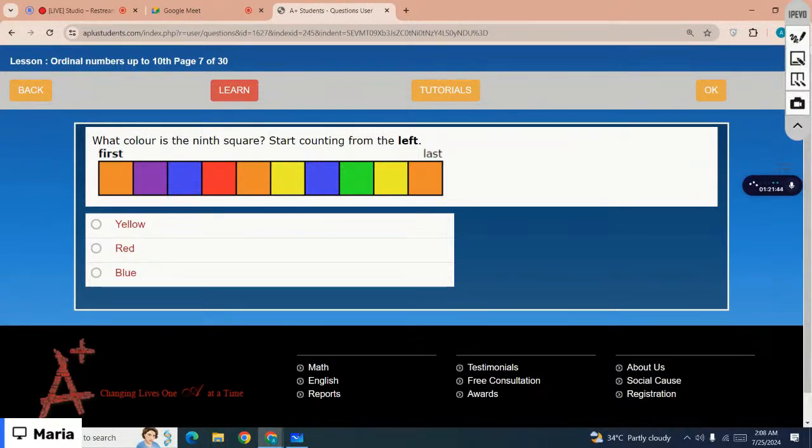What color is the ninth square? So, which is the correct option? Yellow it is. The ninth square is yellow. Okay, you can complete the lesson by yourself later today. Let me just move on to the next lesson.